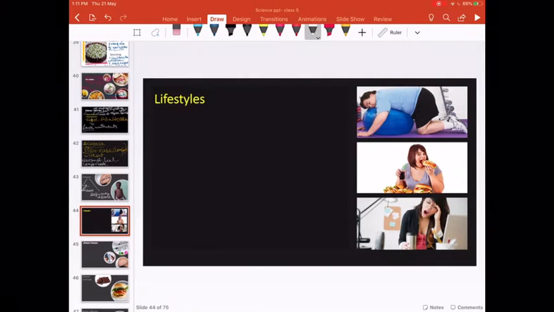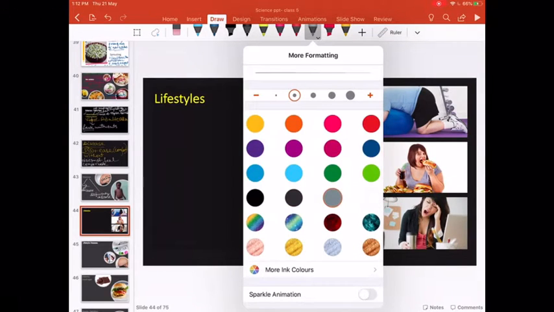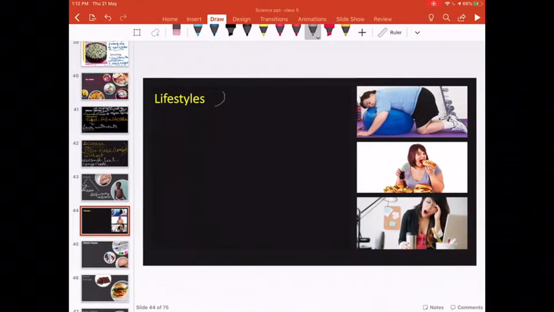So, the first reason of lifestyle disease is, see, this girl, she is eating food that is not good for health.